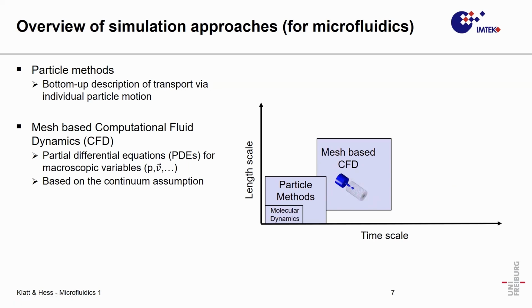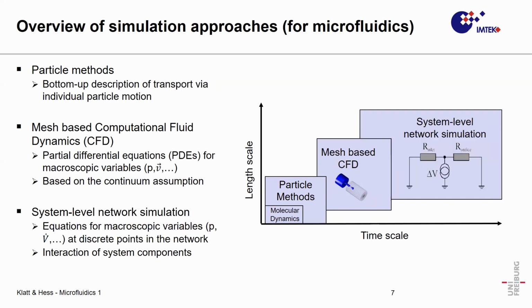And then the last approach is the system level network simulation approach. And here we have equations for macroscopic variables, meaning, for example, pressure or volume flow at discrete points in the network. So you can see it already here. It looks a little bit like an electrical circuit network. So this approach is quite useful to study the interaction of system components.